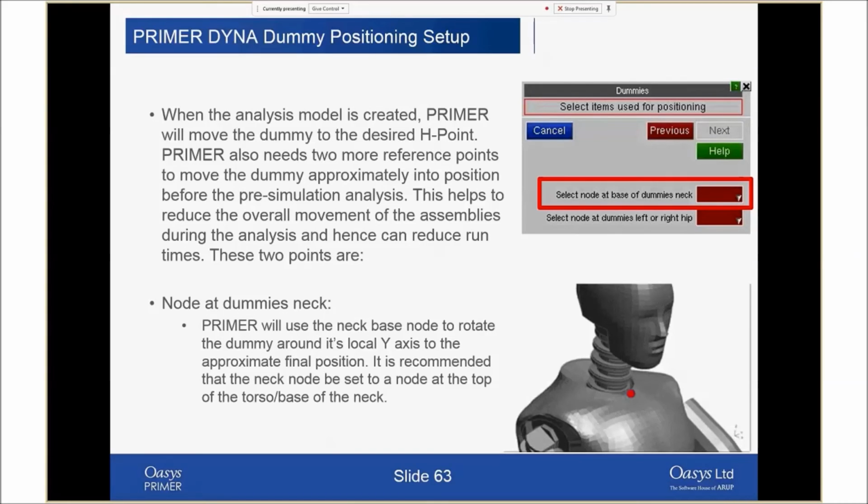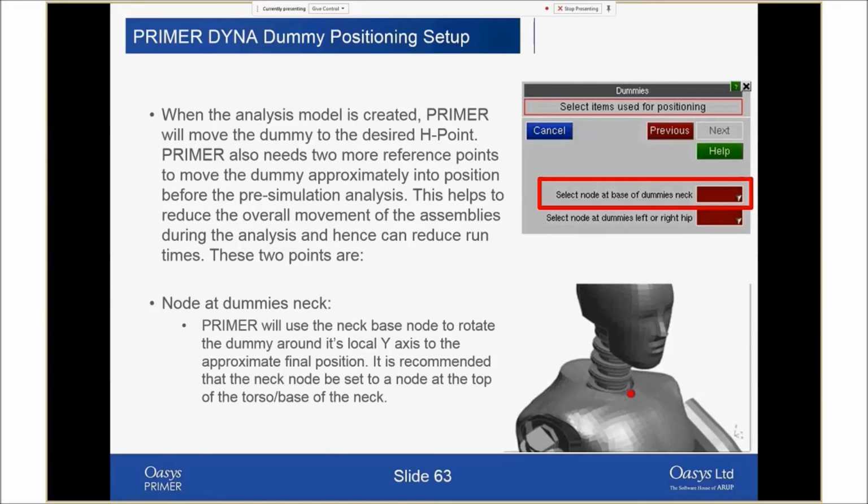The next thing you specify is you select a node at the base of the dummy's neck and a node at the hip, and this is just used as reference points combined with the H point, so that before the analysis, Primer will move the dummy into roughly the right position globally, so it minimizes the amount of movement that's required actually within the analysis.